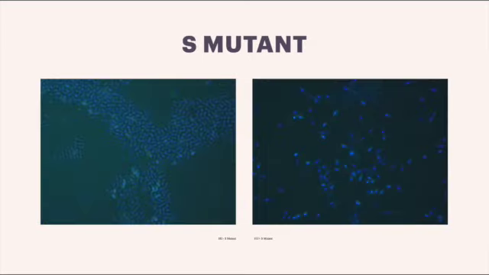For the S mutant, on the left for the HU minus, there is equal distribution of the DNA in the daughter cells. Pardon me, on the HU plus side, there is an unequal distribution.